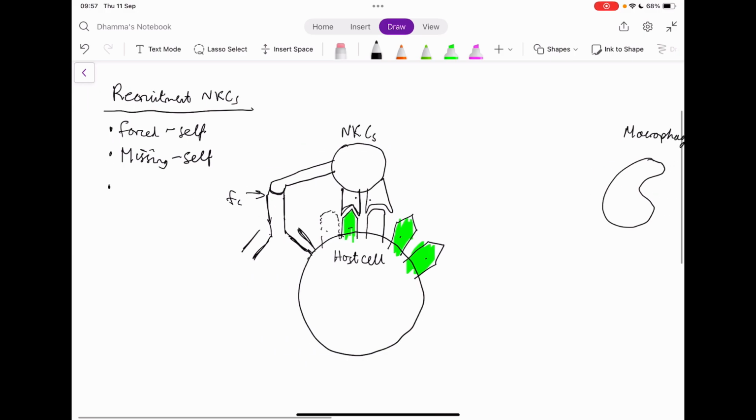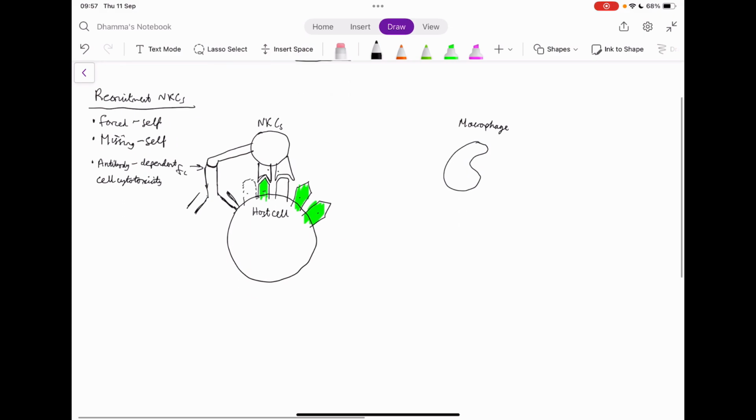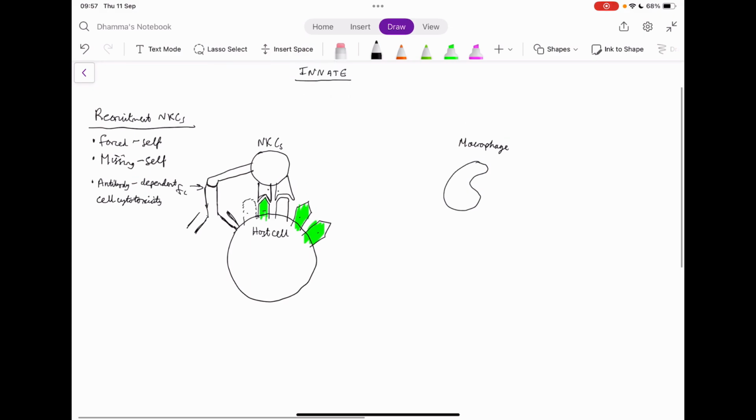And that is called antibody-dependent cell cytotoxicity. So cytotoxicity, I'll come to explain what that means when we discuss the effects of the NKCs.